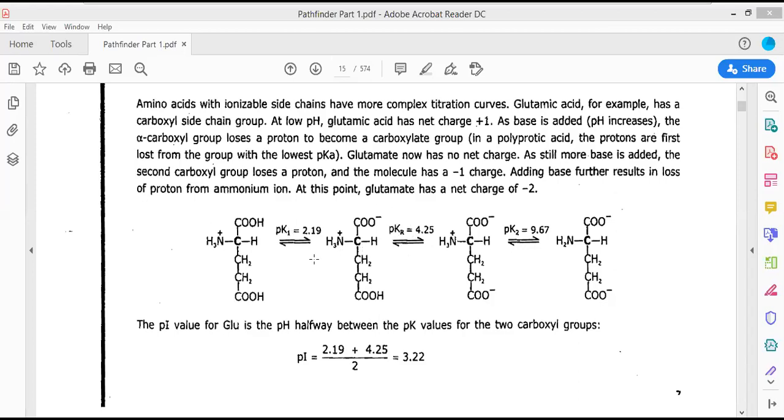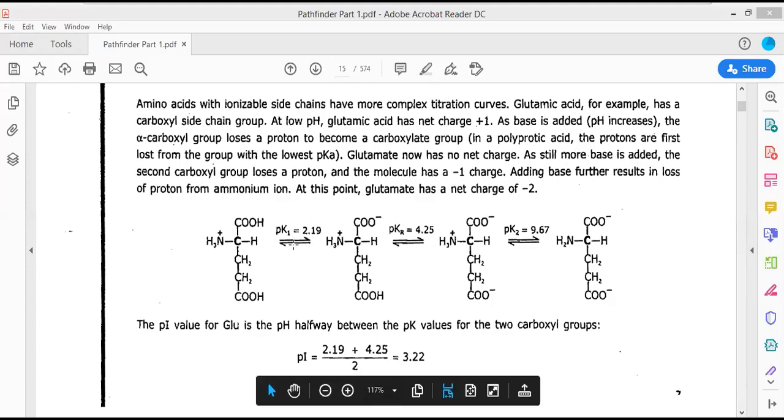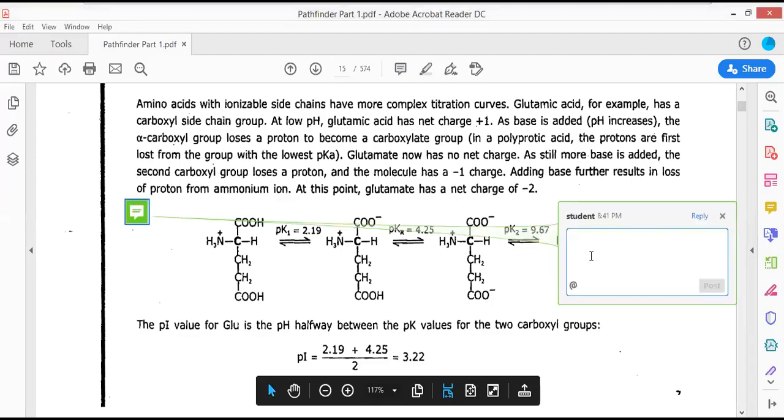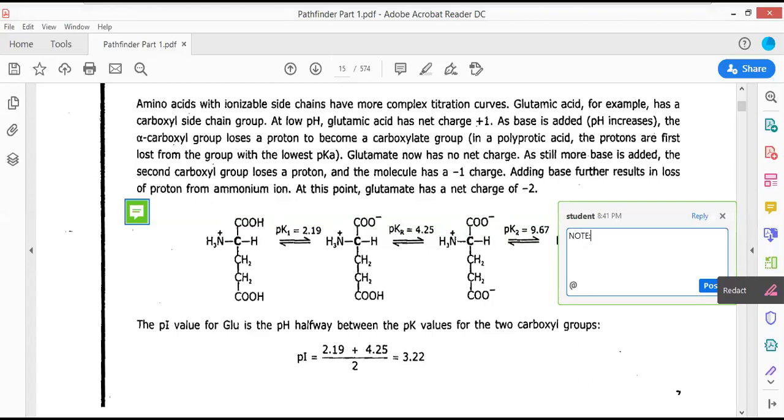So the formula for an acidic amino acid would be pKa plus pKr divided by 2. Now see, I'm just writing it out here to explain it more clearly to you. Note, this is the most important point.